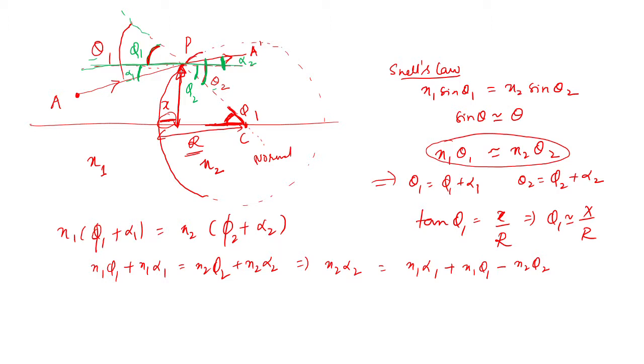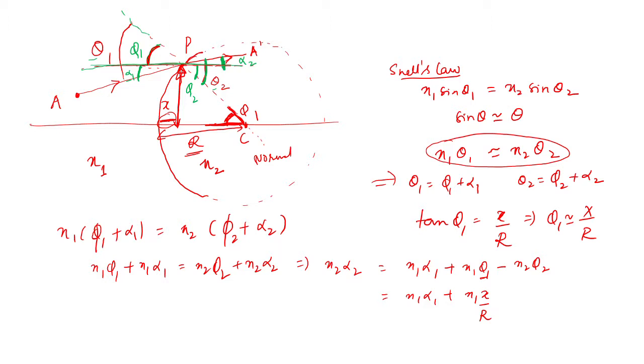So then, if I want to write this instead in terms of phi 1 and phi 2, I can write it as n1 alpha 1 plus n1 times phi 1, where phi 1 is x by r. Similarly, here phi 1 is the angle between the normal and the horizontal.